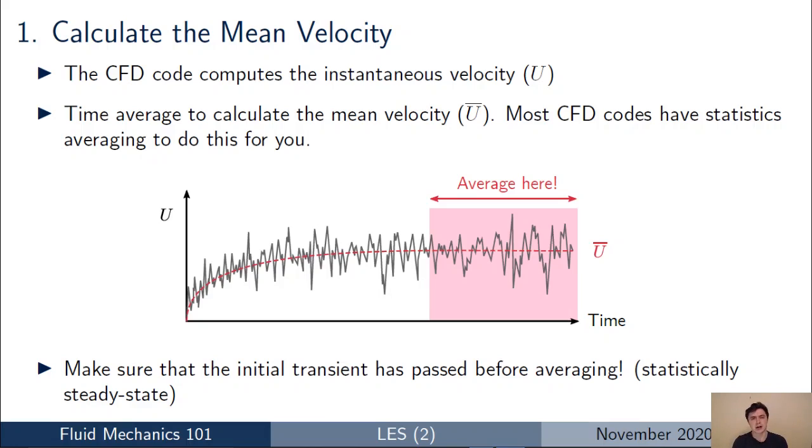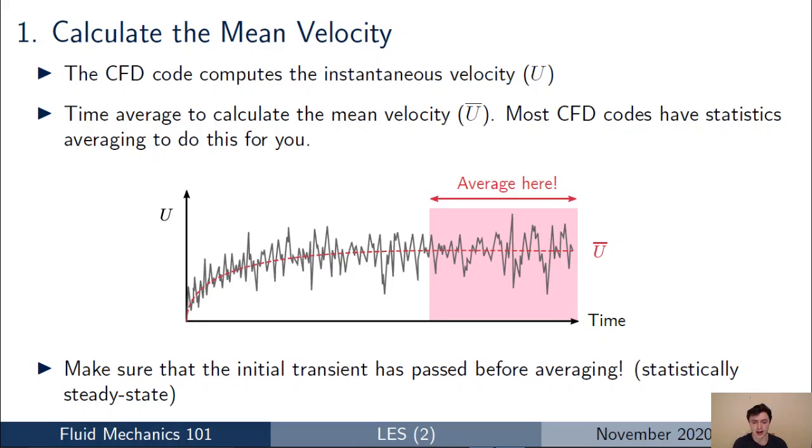So if we think back to those point probes that we looked at earlier, each of those point probes is going to show that sort of turbulent, erratic signal at different locations in the domain. And the first thing that we want to do is to carry out a time average of that signal. So just as a reminder, when you're solving the LES equations with conventional CFD code, the CFD code is going to be computing the instantaneous velocity field.